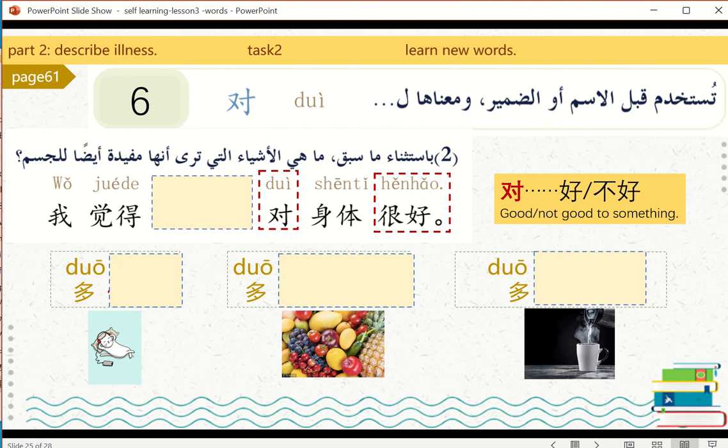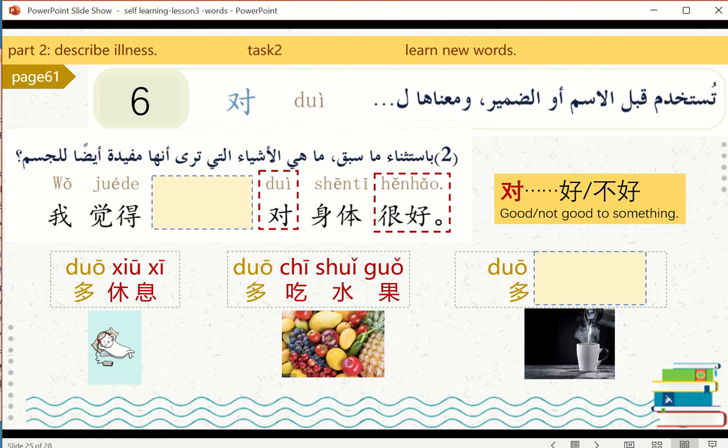Apart from 多跑步，那么还有 having more rest, 多休息。我觉得多休息对身体很好。And second, maybe eat more fruit. It's also good to the body. 多吃水果对身体很好。我觉得多吃水果对身体很好。And what else?